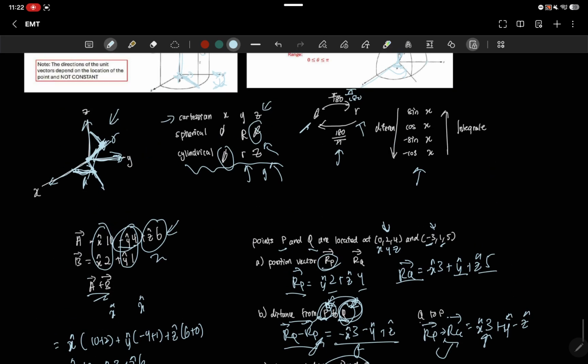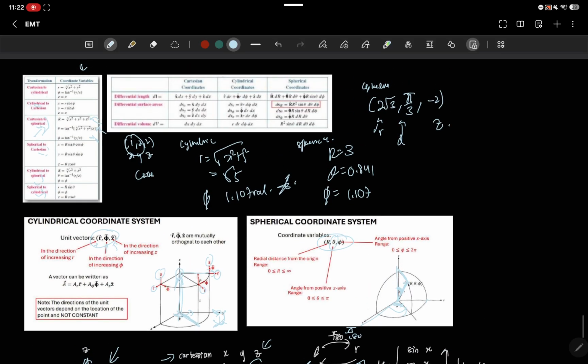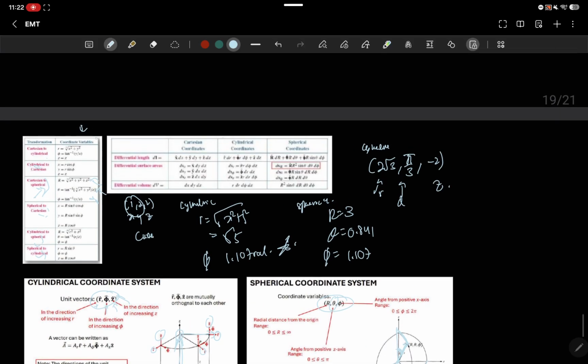Just now I said that using this you can identify which is what, but in order to write in this format you can use this table as a hack. If cylindrical, this should come first, this second, this third. If Cartesian, x first, then y, then z. If spherical, R first. Do you understand? For example, if I want to write a spherical coordinate, I need to write R first, then theta, then the other theta.